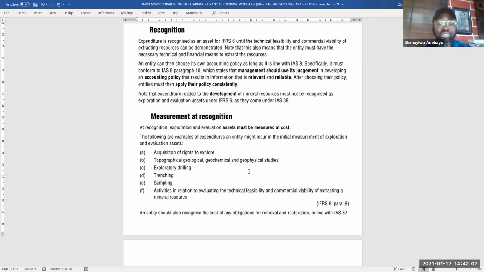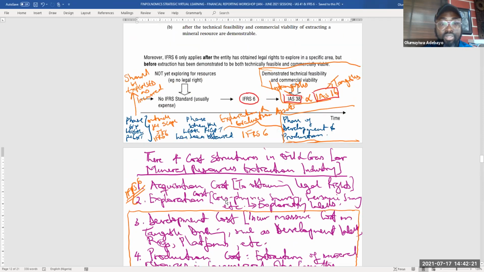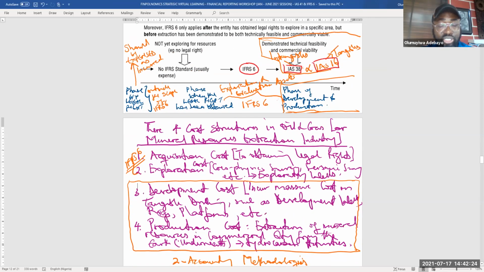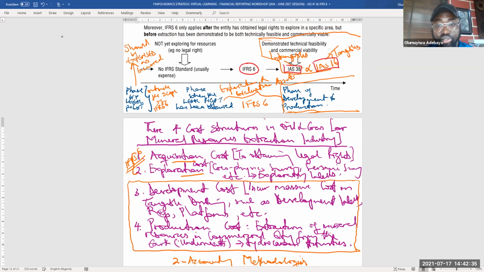Now, from this example, I want you to tell me, out of these 6 examples, group them into acquisition costs and exploration costs. Remember, when we started, I said IFRS 6 deals with acquisition costs, this with acquisition costs and this with exploration costs.